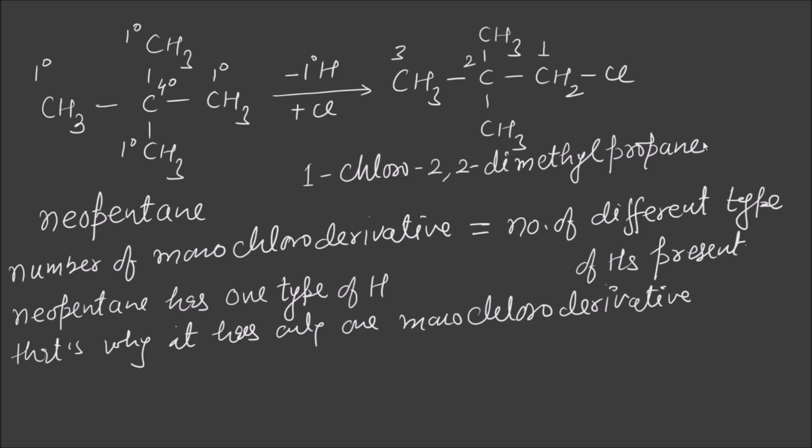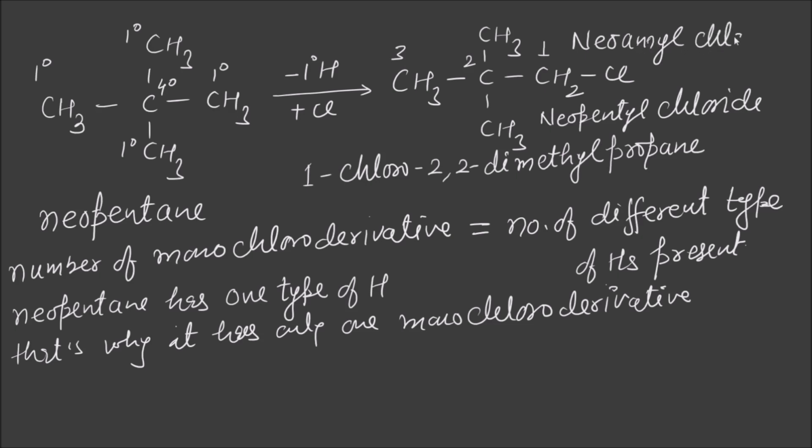It is called neopentyl chloride, or we can also call it neoamyl chloride. So in totality, how many isomers are there?